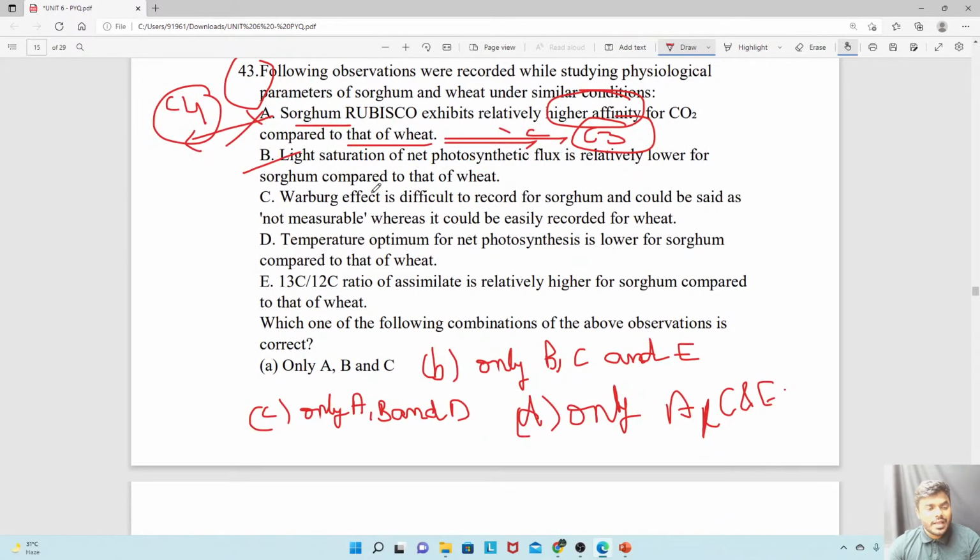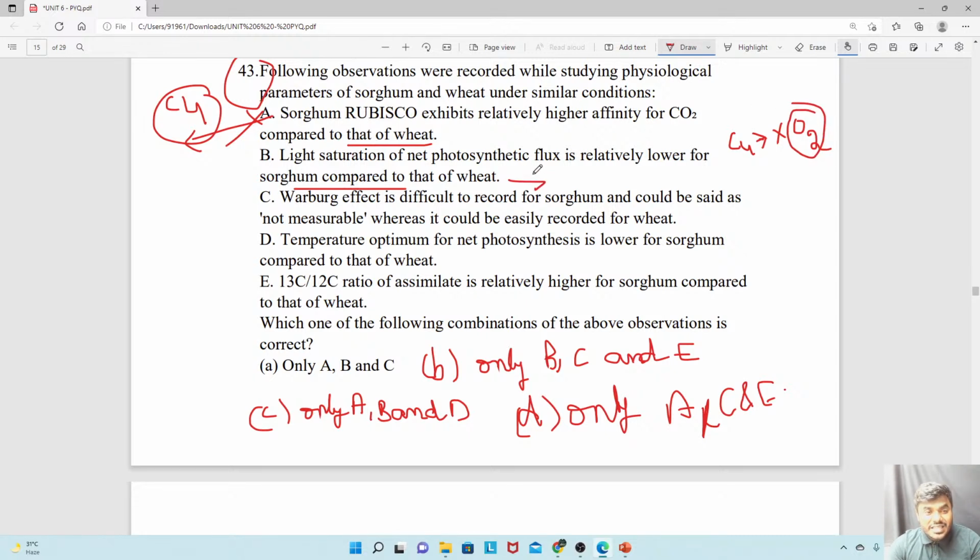Then option B, light saturation of net photosynthesis flux is relatively lower for sorghum compared to that of wheat. Of course, true. What is the reason? You all know very well. In the C4 pathway there is no photorespiration, which means there will be no oxygen fixation.